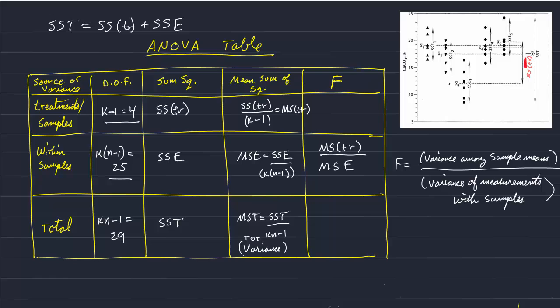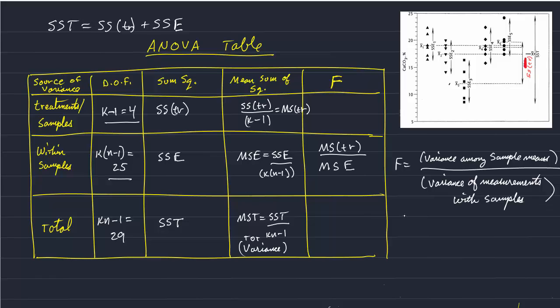And if F is small, that is, if the sample means don't vary very much compared to the measurements within each sample, then that would be good supporting evidence that the null hypothesis couldn't be rejected, that there's no reason to reject the possibility that all sampled populations are equal.